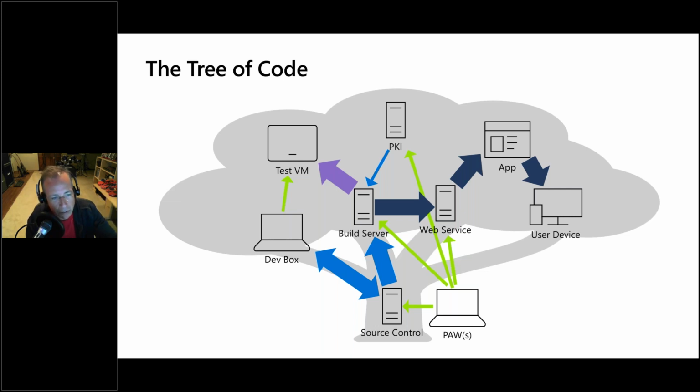Then chasing that path to say, hey, my source control server, my build server, oftentimes are the same, sometimes they're separate. Nonetheless, making sure that I have the same hardening applied there, that I'm accessing them with PAWs or privileged access workstations, that I'm leveraging PKI to get it digitally signed so that I have this attestation that this software has not been modified since it was built on this server, and I've protected the path of that code along the way.